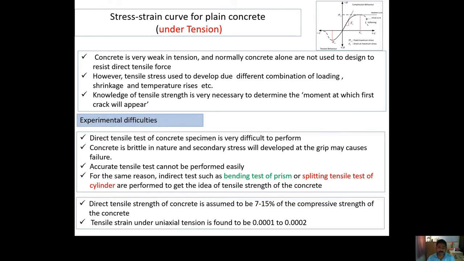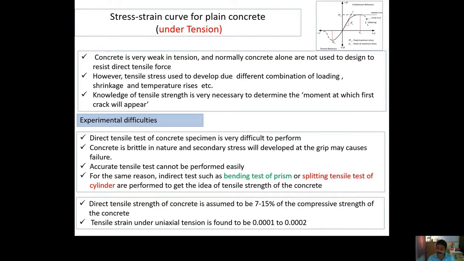So what we have to do is go for indirect testing. The code suggests indirect testing such as the bending test of a prism or the splitting tensile test of a cylinder, so that we can get some idea about the quality of the concrete. Now again, if you conduct an indirect tensile test on the concrete, you will observe that the strain comes in the range of 7 to 15% of the compressive strain.